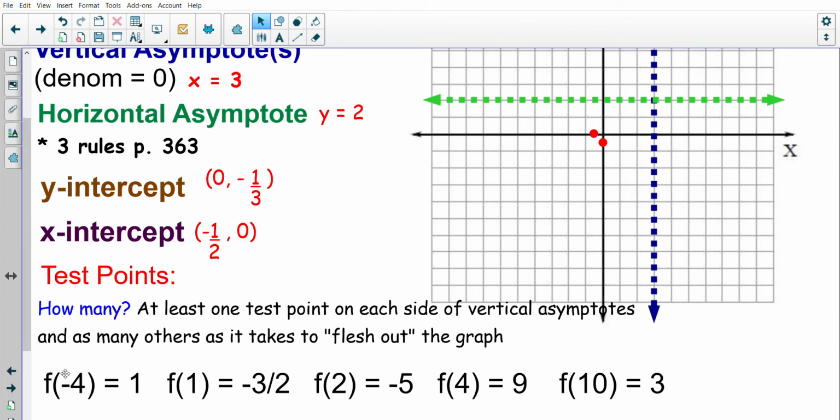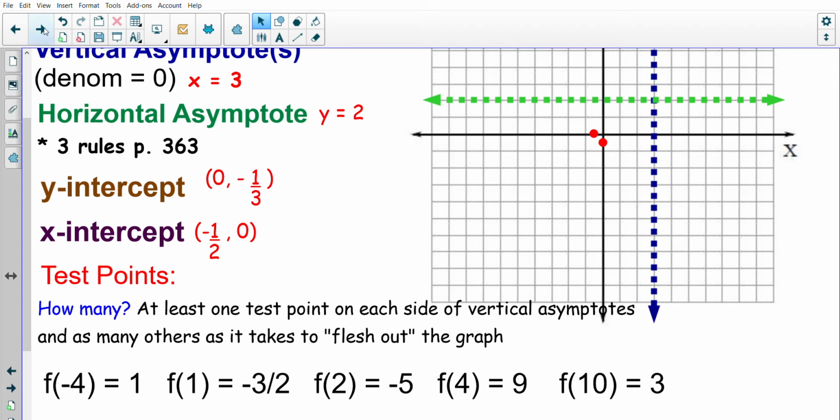When x is negative 4, y is 1. I've checked a test point of positive 1. When x is 1, y is negative 1.5. And when x is 2, y is negative 5. So that's pretty much going along with the idea that this hyperbola, this rational function, looks like this on the left-hand side of the vertical asymptote.